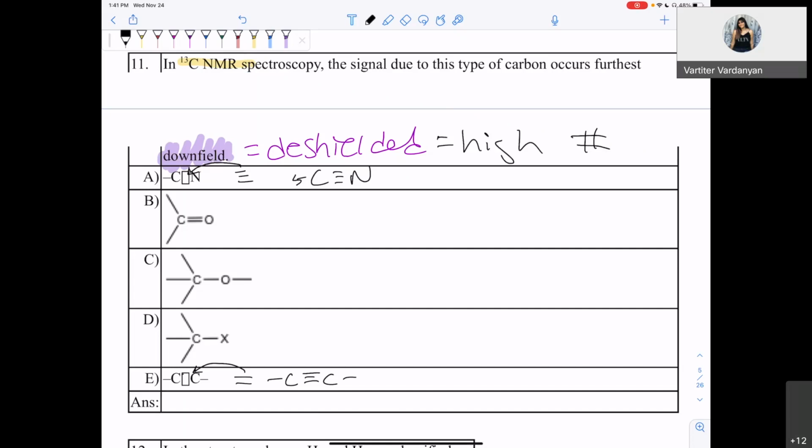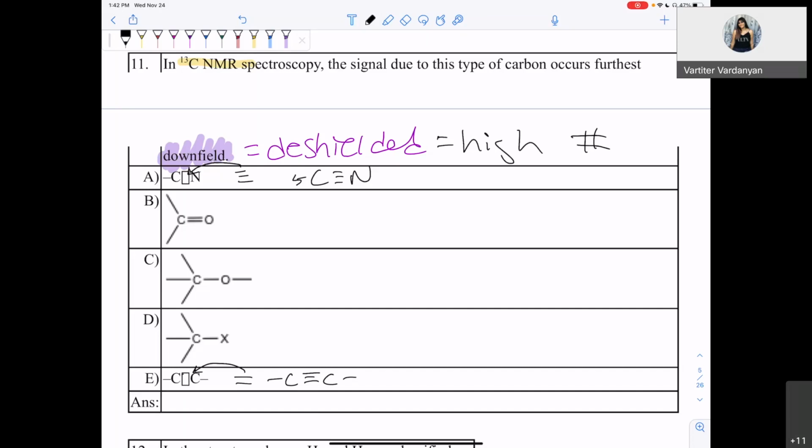All right. So we didn't really talk about the triple bond region, but the triple bond region is going to be somewhere between the heteroatom and double bond region. So which one of these guys looks the worst?